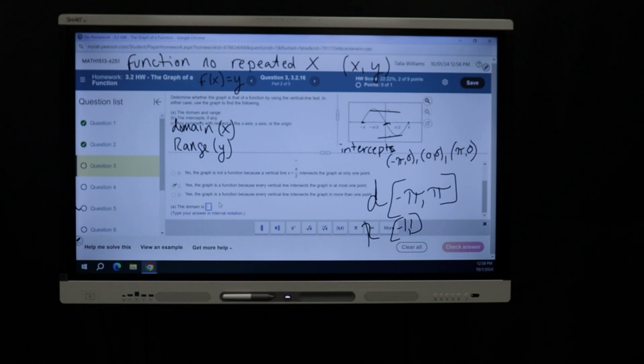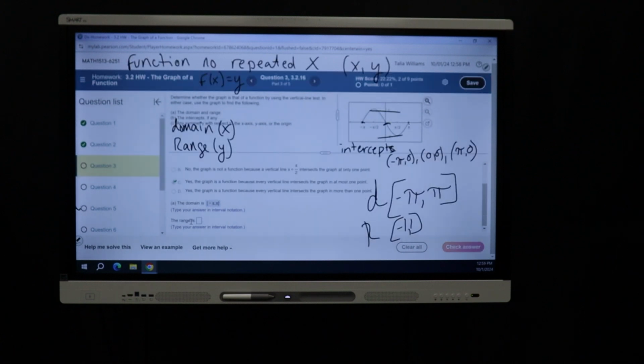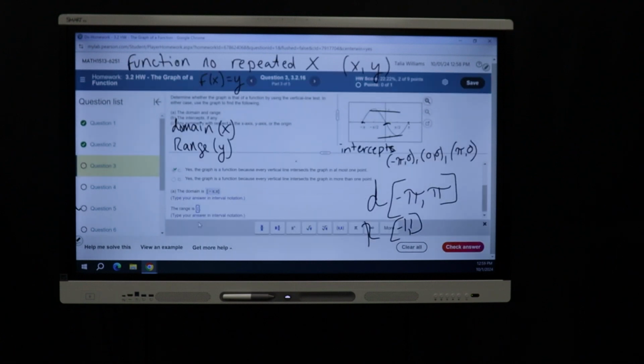Domain, bracket, negative pi, pi, bracket. Range is gonna be bracket, negative 1 to 1, bracket.